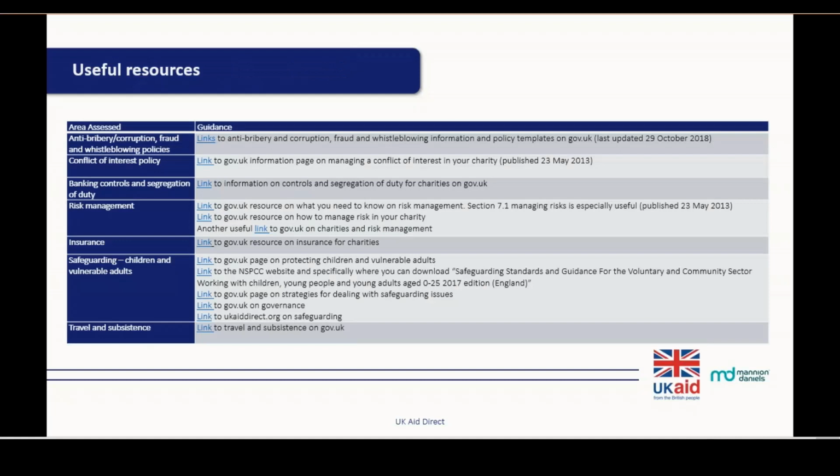On this next slide, there are some useful resources, including the types of policies that you might be missing. I'm not going to go through them because, hopefully, you can access them afterwards.